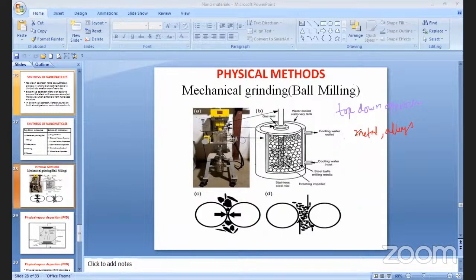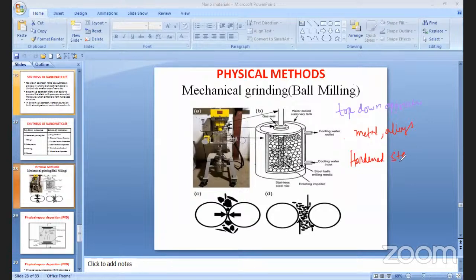If you take metals or alloys, we have steel or tungsten carbide. Some metal which is a hardened steel, generally called hardened steel, and tungsten carbide, which is an alloy.